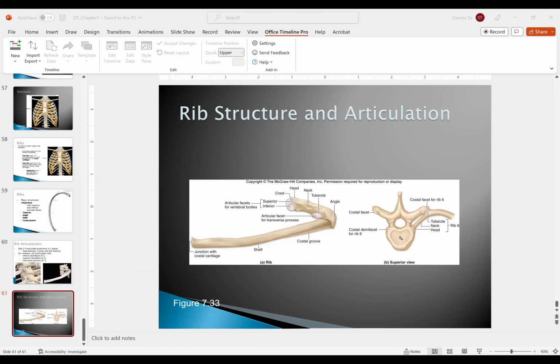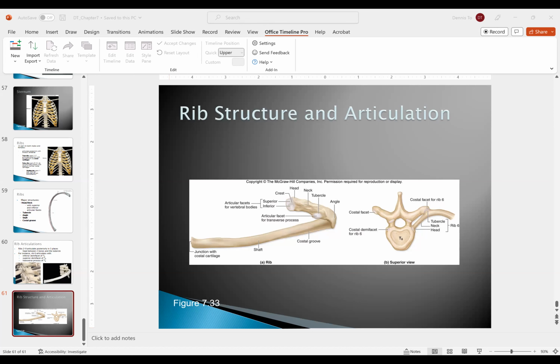I do want to show you on this figure, because I think it might be a little bit easier. Here's the manubrium. All right, here's a rib right here. I don't want you to count down. I just want you to look at this rib.